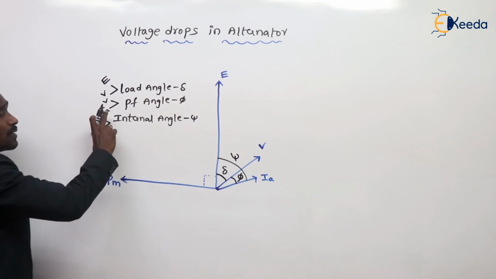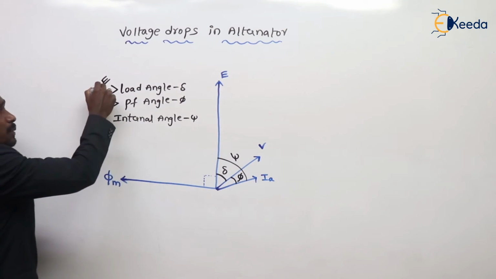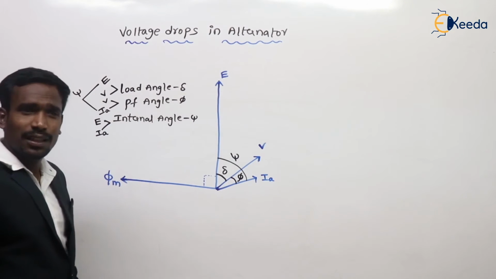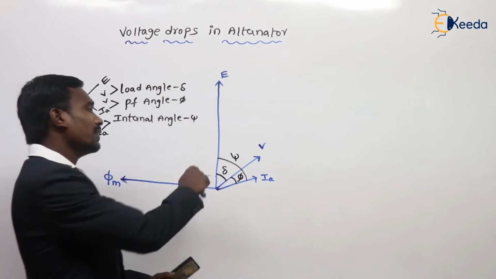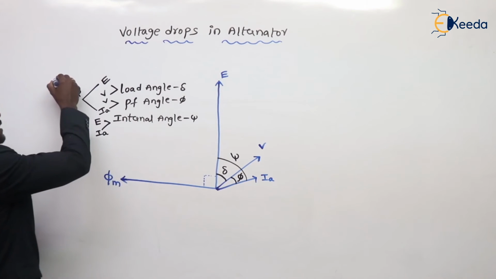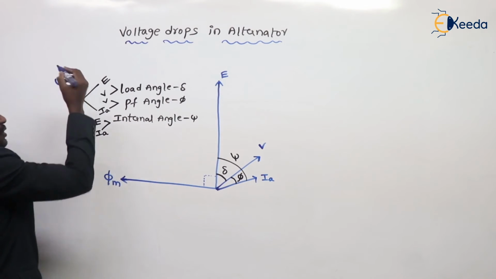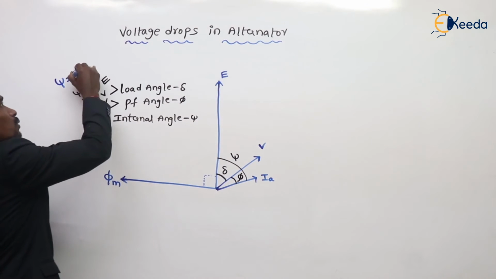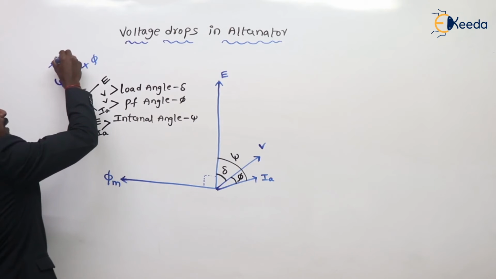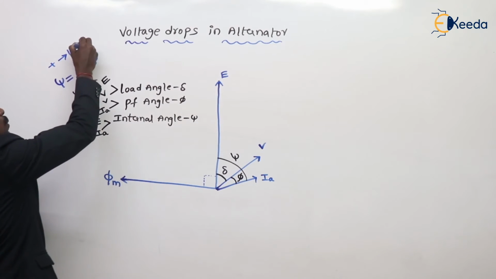From this, the angle between EMF and current is nothing but psi, right? So what is the relation between these three? Here, psi is equal to delta plus phi, where plus is for lagging load.